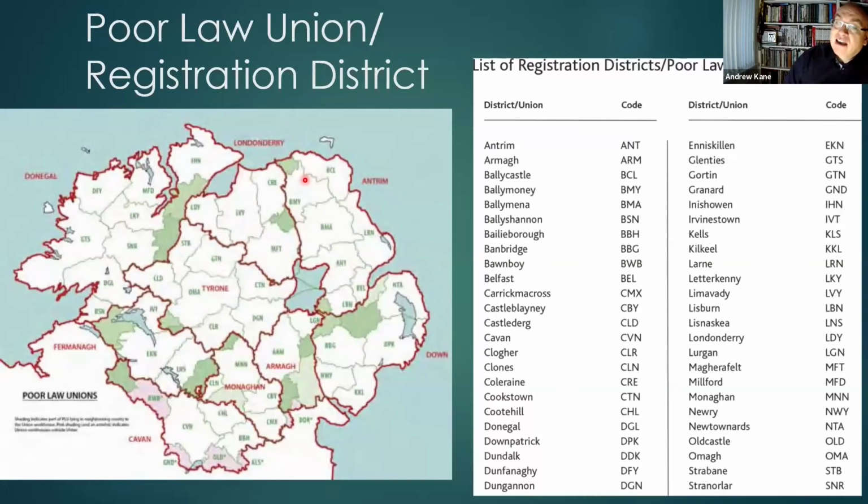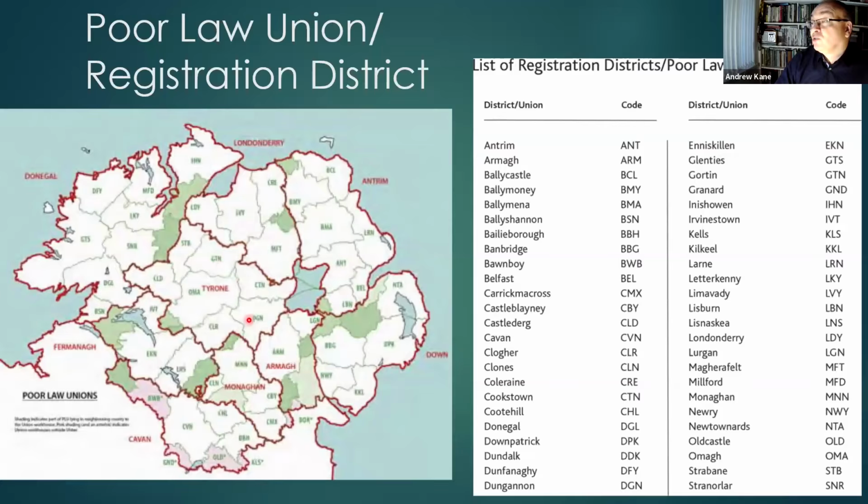So some places like the part of North Antrim that was in Coleraine was moved into Ballymoney Poor Law Union, and the part of Ballymoney Poor Law Union that was in County Derry was moved into the Coleraine Poor Law Union. So it's sort of tidying up a lot of these border areas.